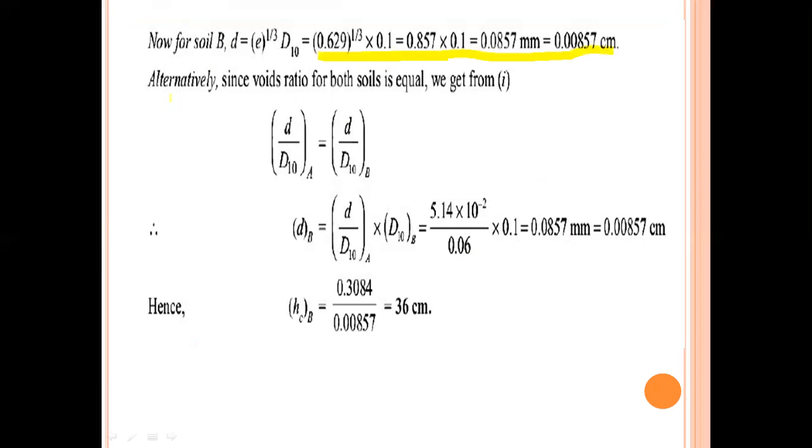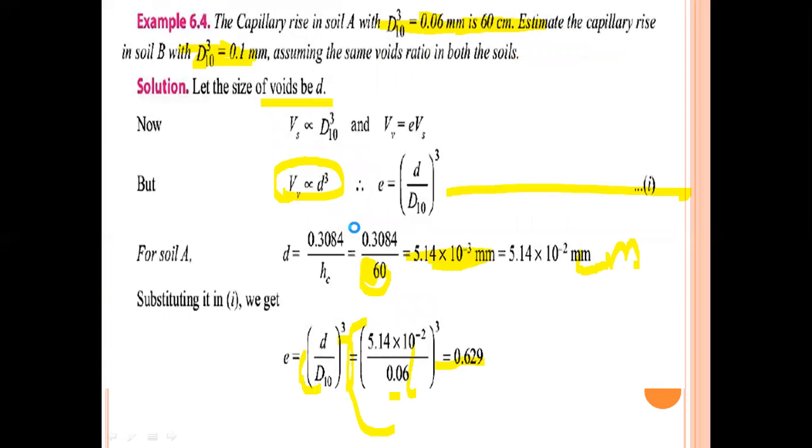And alternately, since the void ratio for both soils is equal, we get from equation 1, d by d10 of A soil and d by d10 of B soil. dB equal to d by d10 of A soil into d10 of B, equal to 5.14 into 10 power minus 2 divided by 0.06 into d10 of B soil is 0.1 and d10 of A value is 0.06.